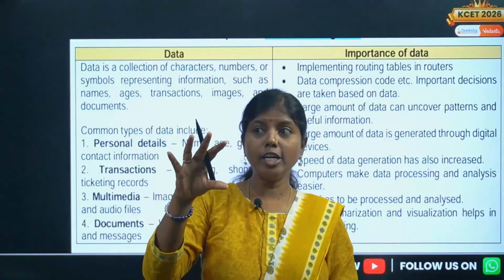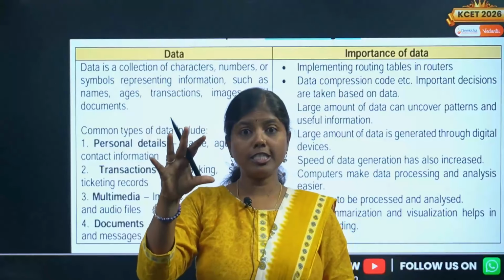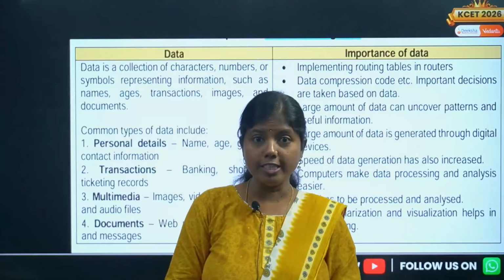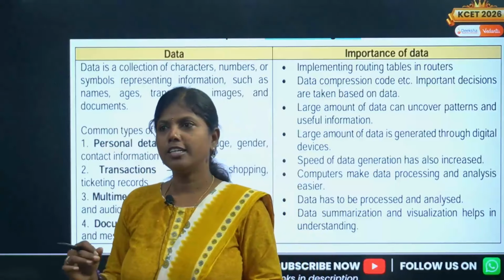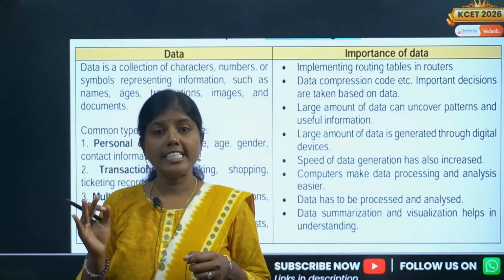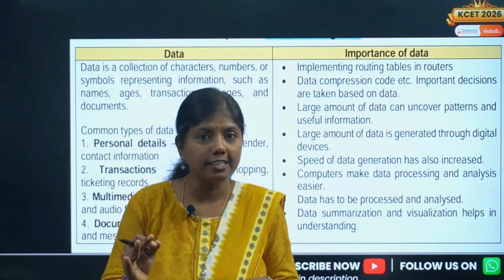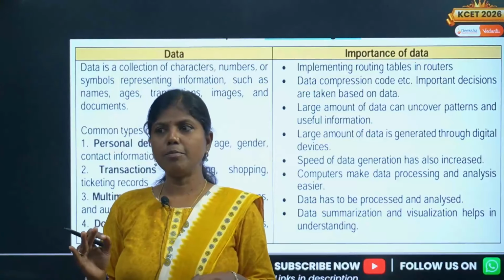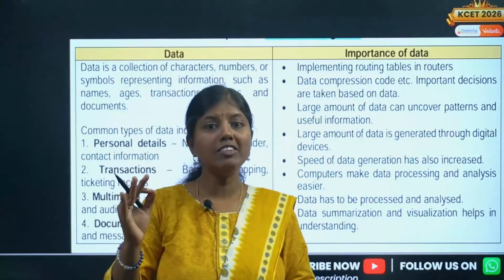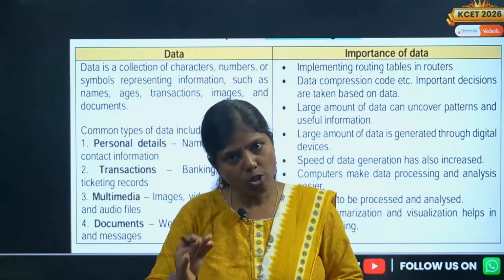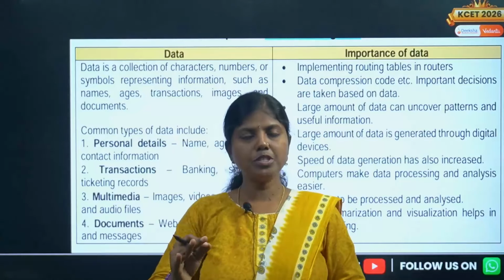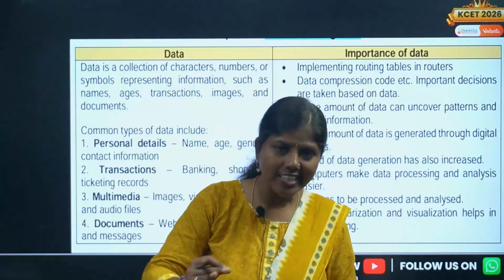Data is basically raw facts, unprocessed items. That means it is not an assumption, not hypothetical. It's the real thing that has occurred. For example, Radha scored 70 marks in computer science. That means it has occurred. Krishna has scored 70.